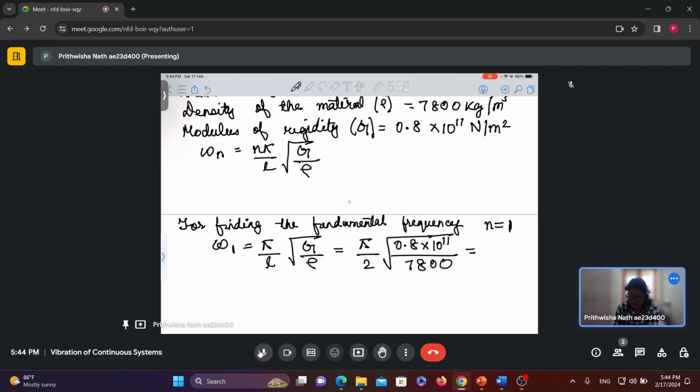So this comes to be 5030.6 radians per second. So this is the answer.